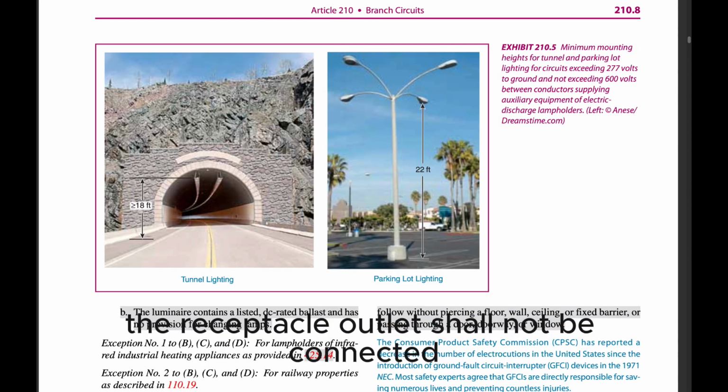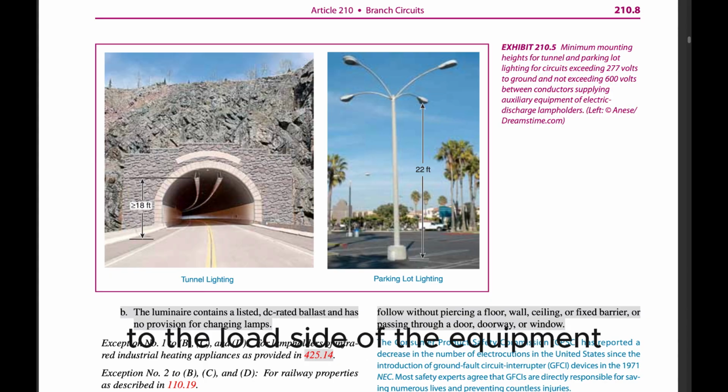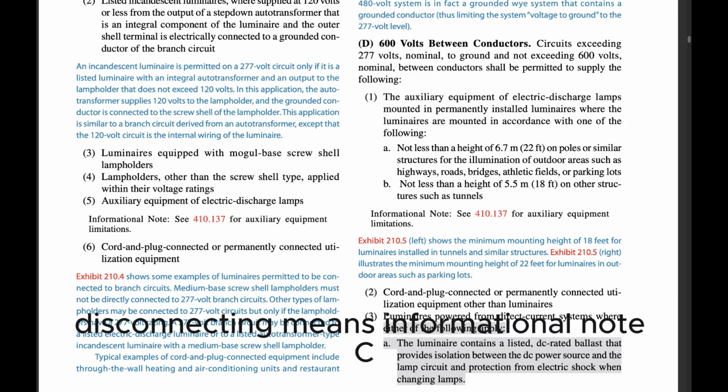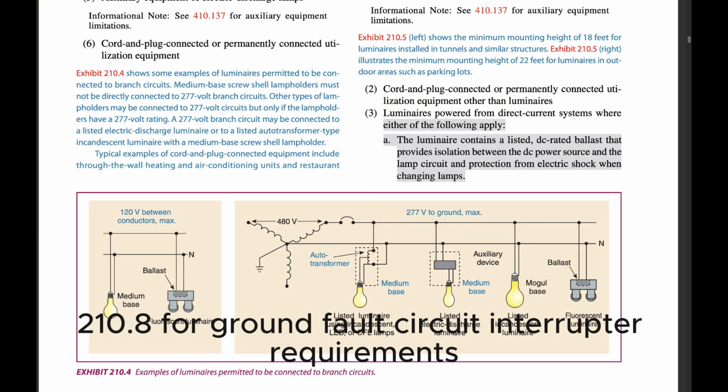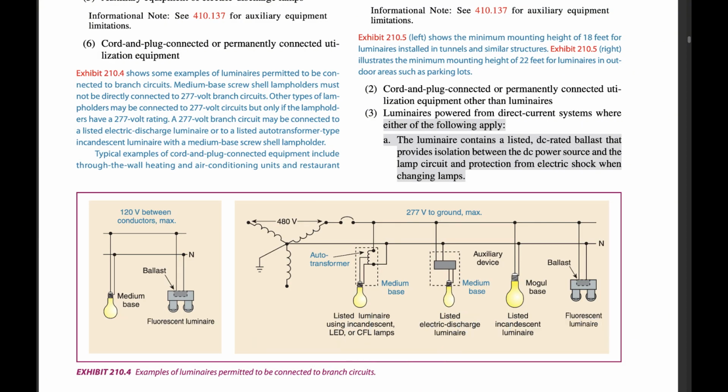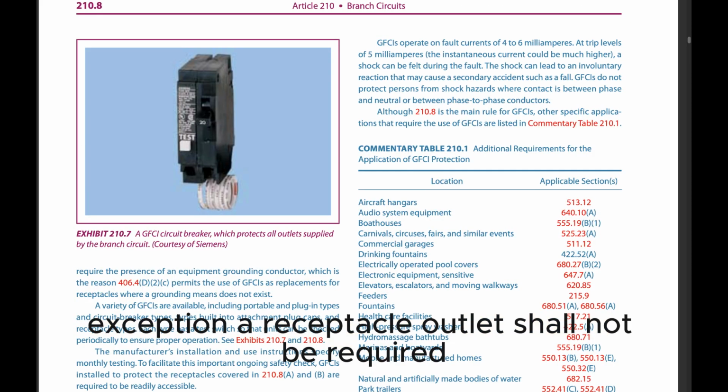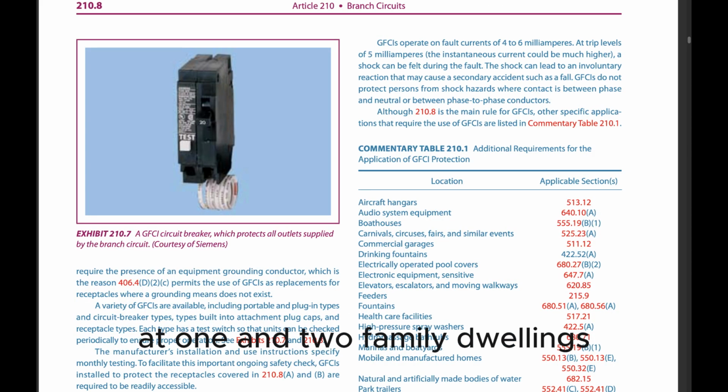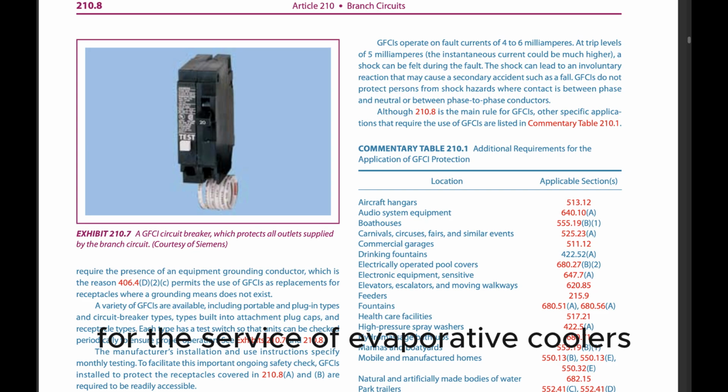The receptacle outlet shall not be connected to the load side of the equipment disconnecting means. Informational note, see 210.8 for ground fault circuit interrupter requirements. Exception, a receptacle outlet shall not be required at 1 and 2 family dwellings for the service of evaporative coolers.